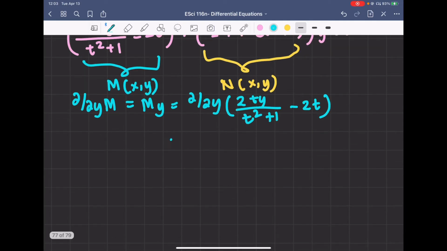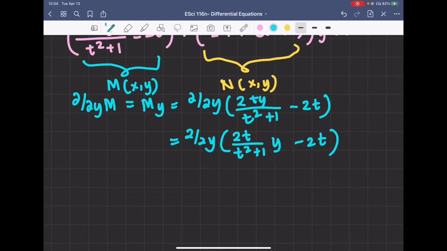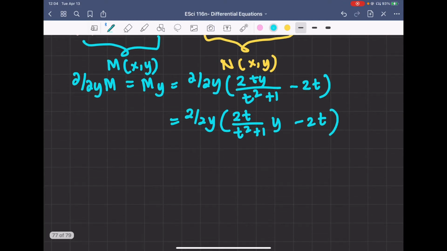Now, we can rewrite this as simply 2t over t squared plus 1 times y, minus 2t. Since we are partially deriving this with respect to y, all of our t are constants. So therefore, our answer for this is 2t over t squared plus 1.